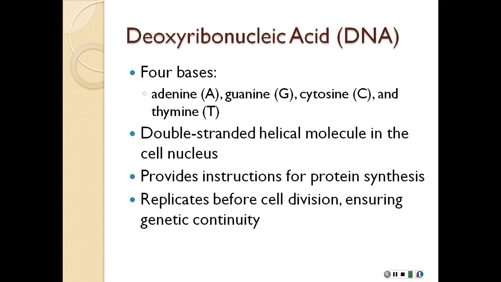Very good. DNA is a double-stranded helix, whereas ribonucleic acid only has 1 strand. Somewhat. We'll get into that in chapter 3. DNA provides instruction for protein synthesis. We'll get into that next week.